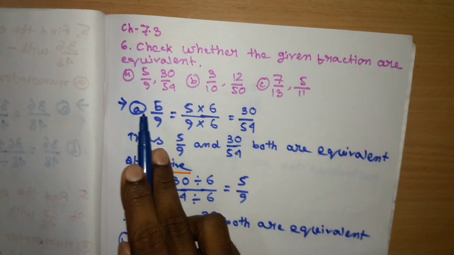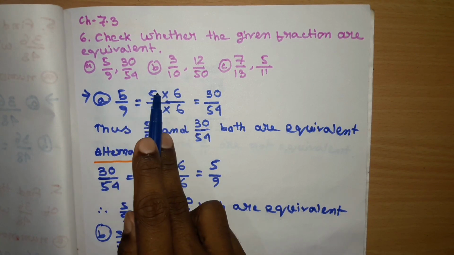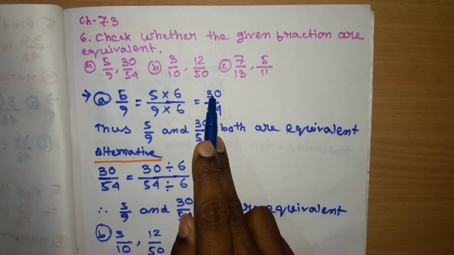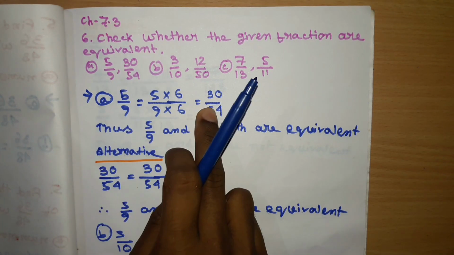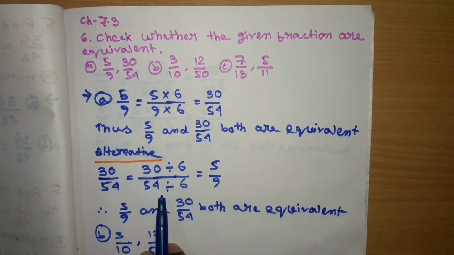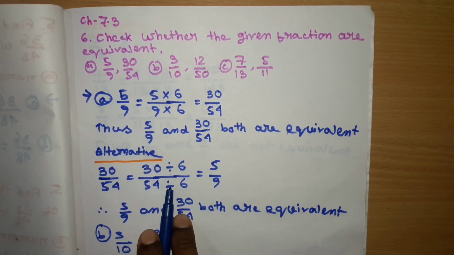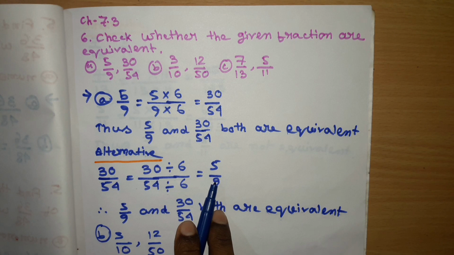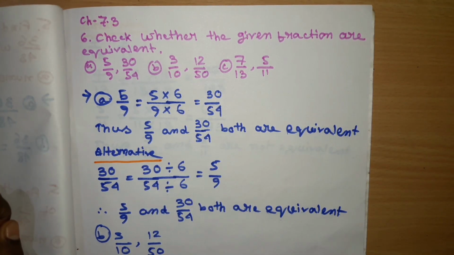But in the first one, in number A, after multiplication we made the numerator equal, and we get the denominator also equal, exactly the same. So we try to make the numerator equal, then the denominator equal. So this is the process to check whether given fractions are equivalent or not.